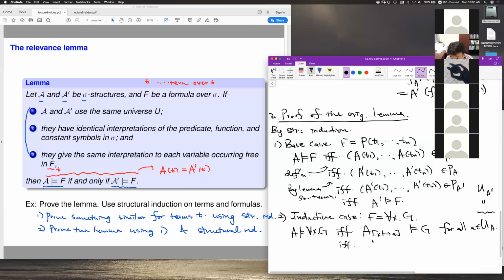Okay, so we can write it like this: satisfies G for all a in U sub A prime.